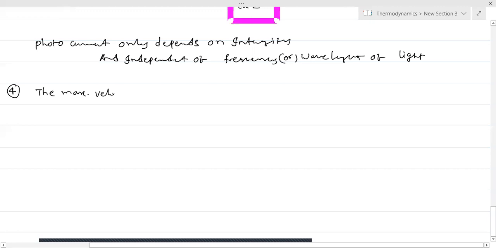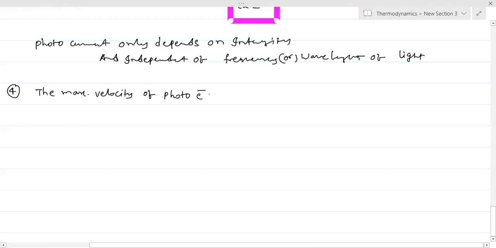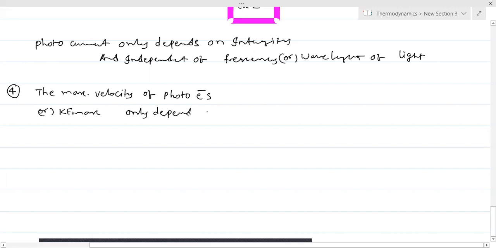The maximum velocity of photoelectrons, that is Ke maximum, only depends upon frequency of incident light.